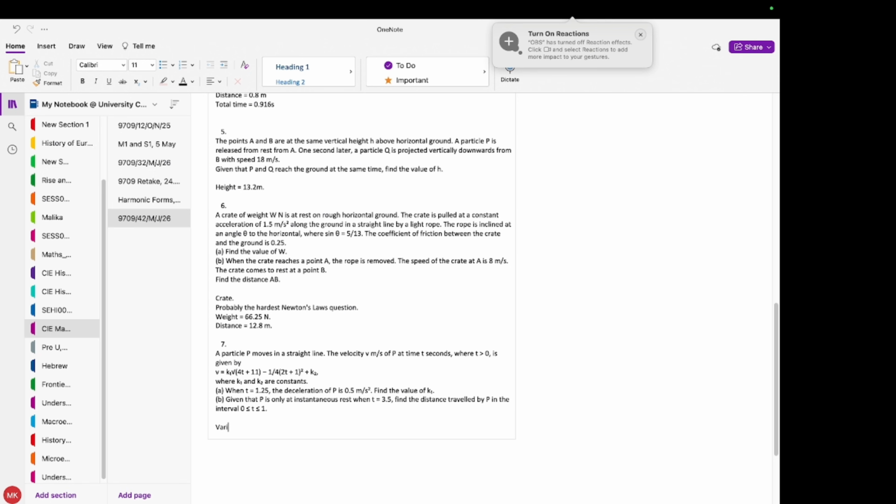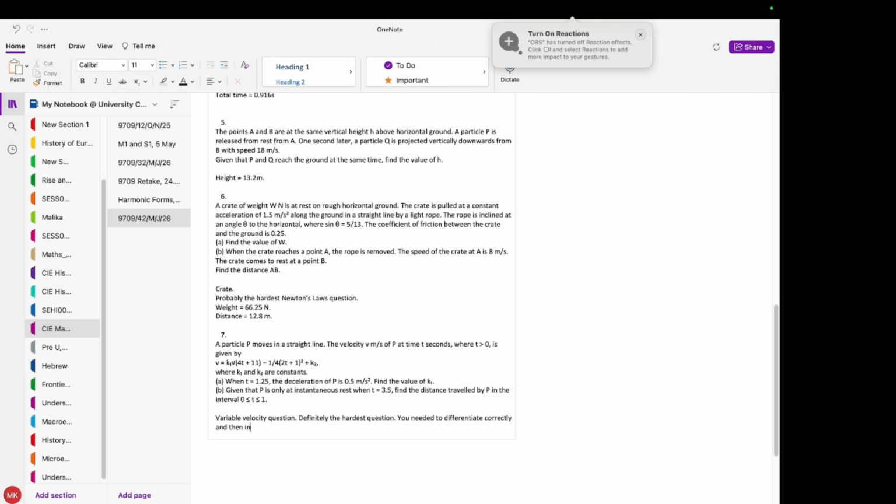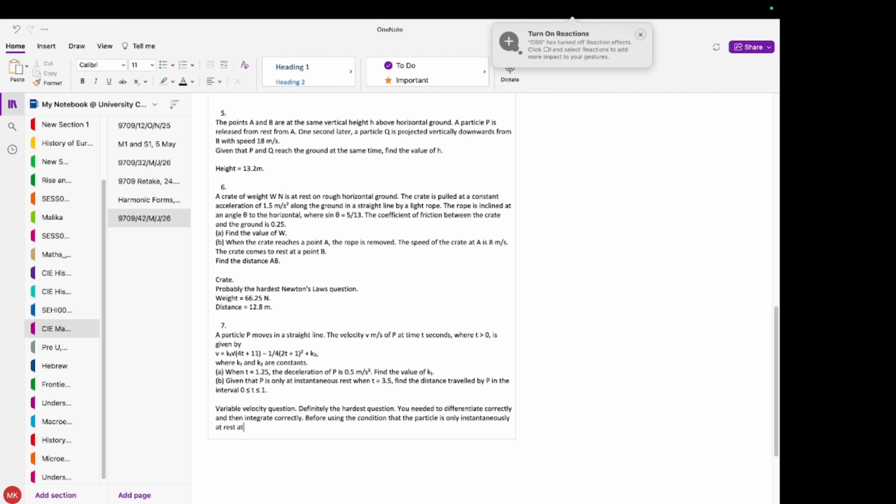It is a variable velocity question, and it is definitely the hardest question because you needed to differentiate correctly and then integrate correctly before using the condition that the particle is only instantaneously at rest at one point.